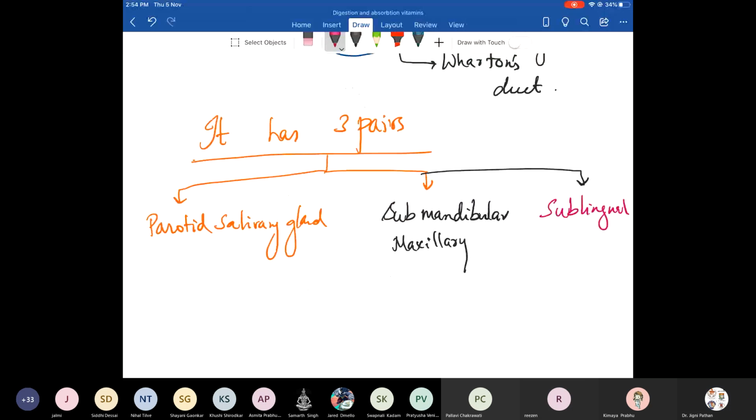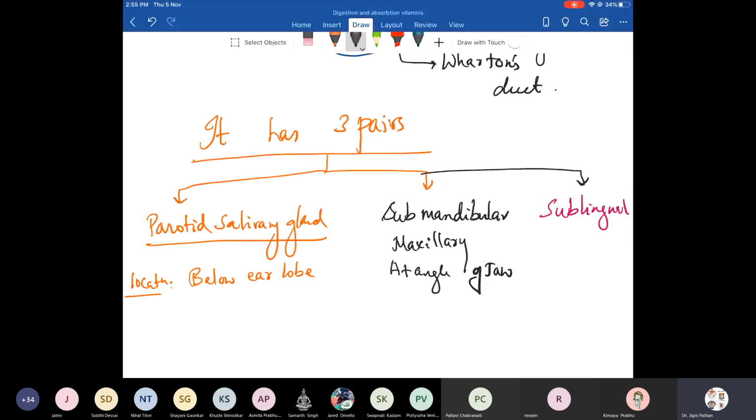Now, the first point about parotid glands, location. Location is below the ear lobe or the cheek. Mandible is at the angle of jaw. It is present near the jaw.